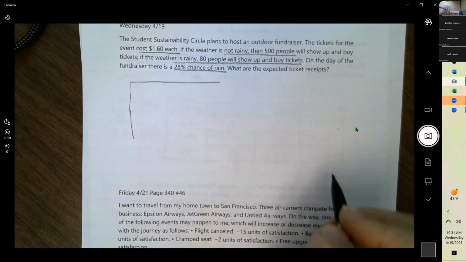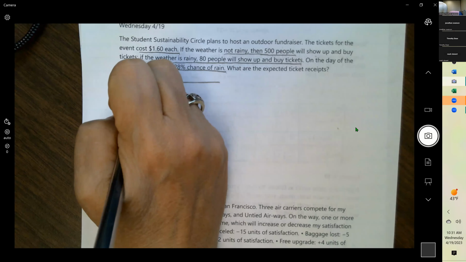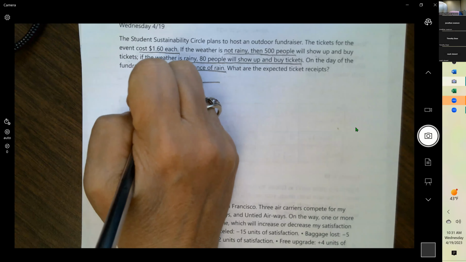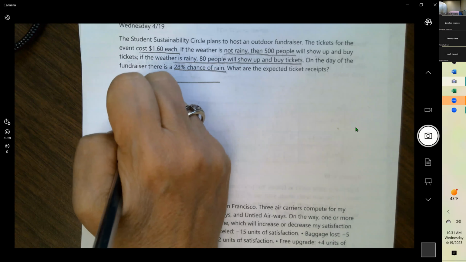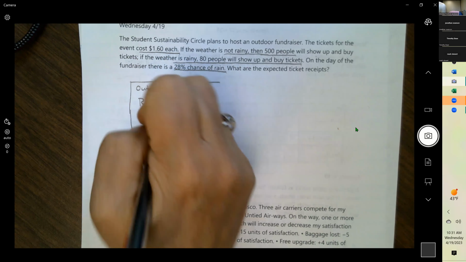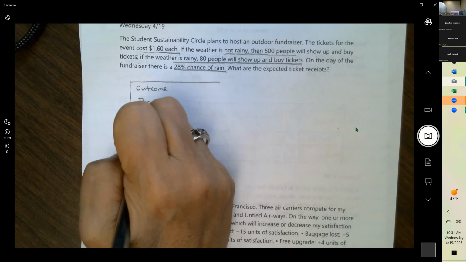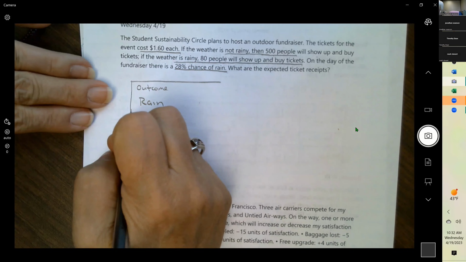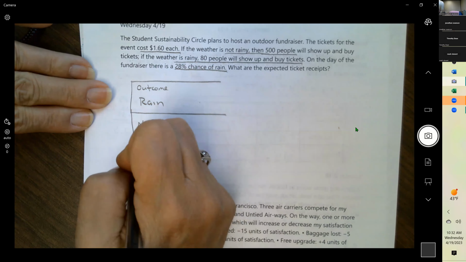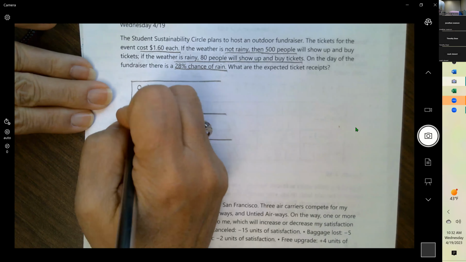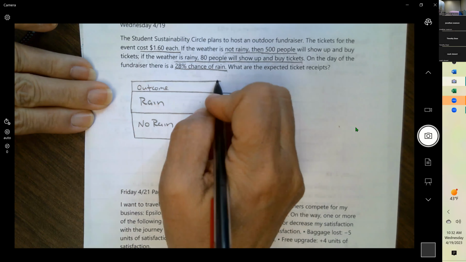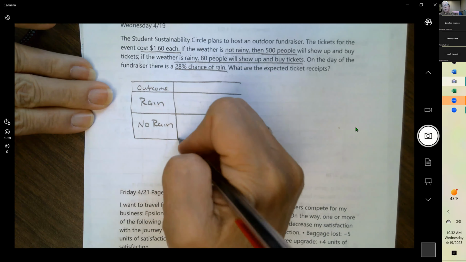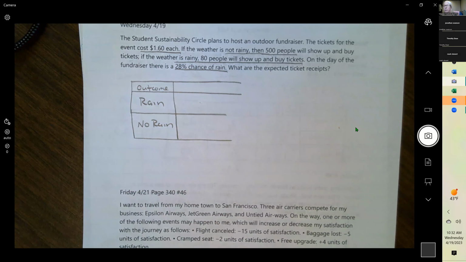Let's see. So our outcome is it either rains or it doesn't rain.